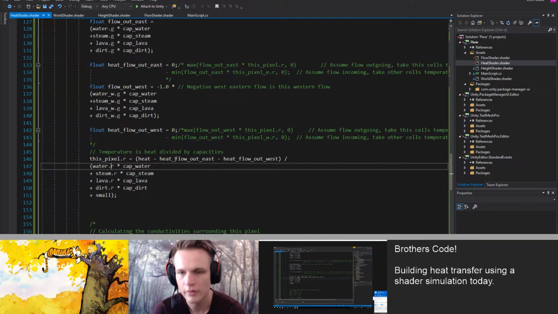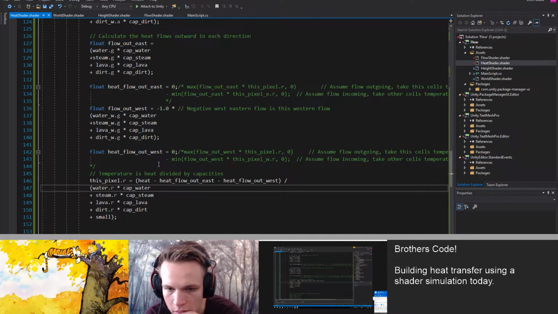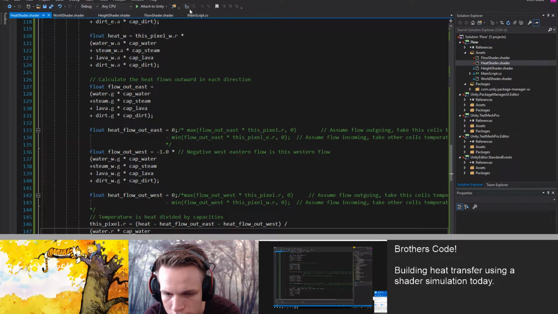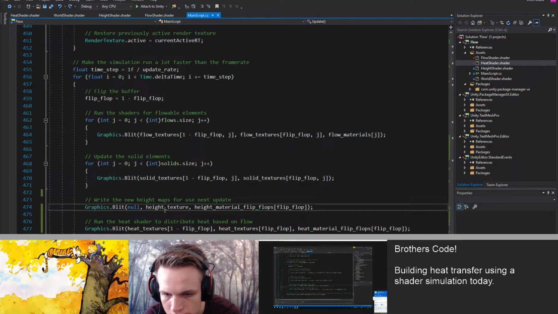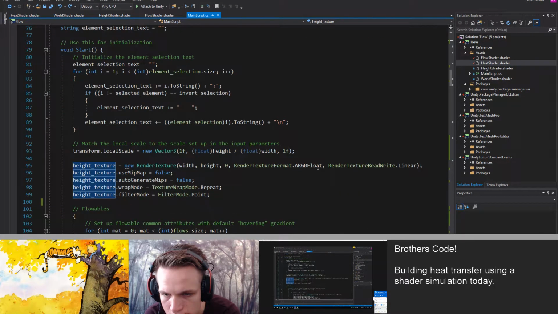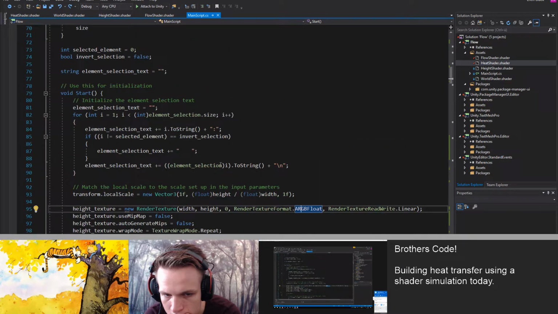Hmm. Heat flow out east, heat flow out west. Is this a texture that supports? Yes. They all do support ARGB.